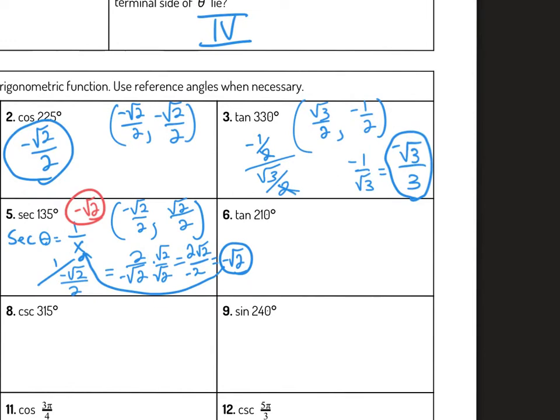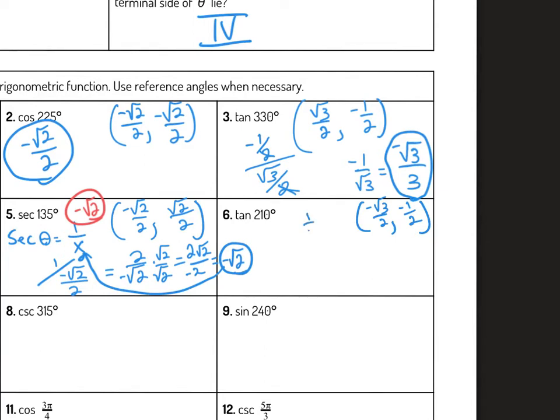Oh, tangent. We might need the room for tangent. 210 degrees has the coordinate of negative square root of 3 over 2, and then negative 1/2. Now, we're in the third quadrant, so tangent's actually going to be positive here. Negative divided by negative is positive, and the 1/2 will go on top.